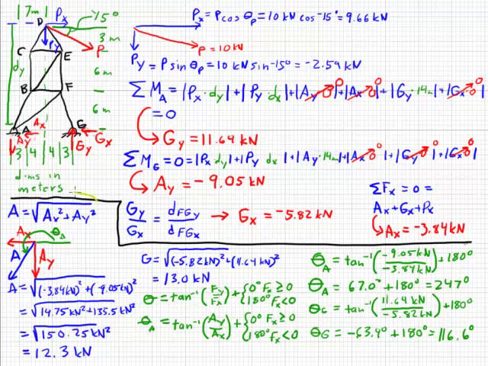To finish things off, we used our ability to calculate a resultant using the Pythagorean theorem, and then we calculated our angles for our reactions. This now gives us a complete picture of the reactions at G and A and the load at P.